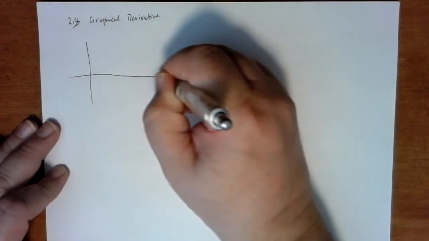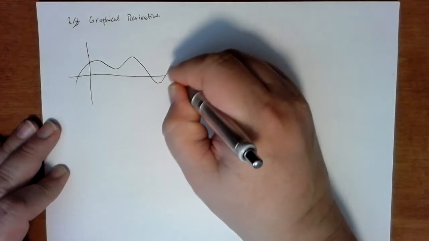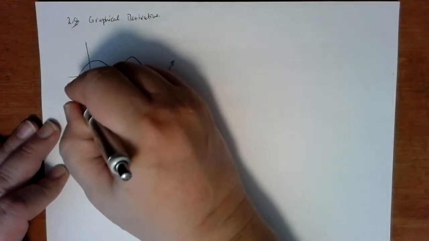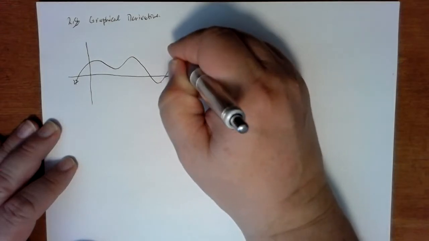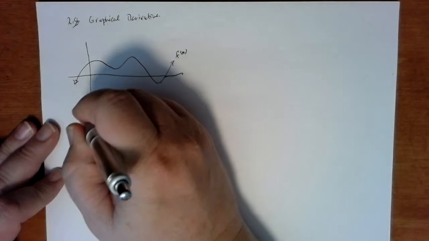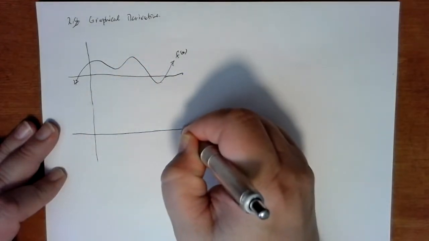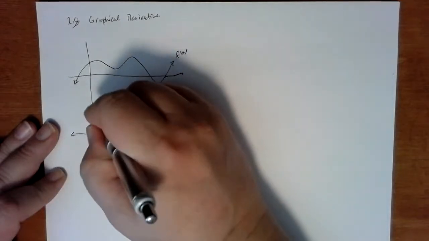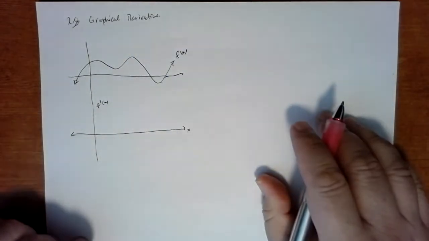I'll just draw something with a few curves in it, something like that maybe. This is my function f of x. And what I would like to do is, right underneath, draw a graph of the derivative, f prime of x, with x.